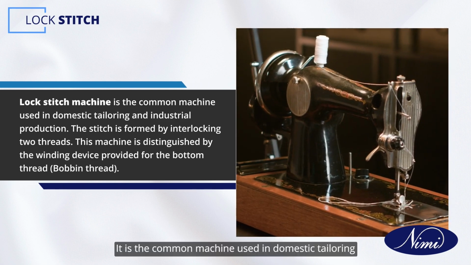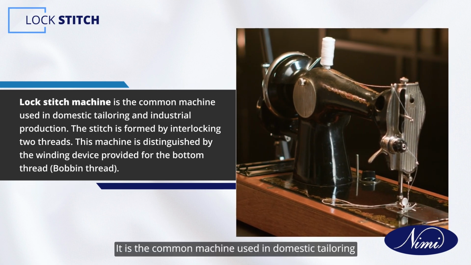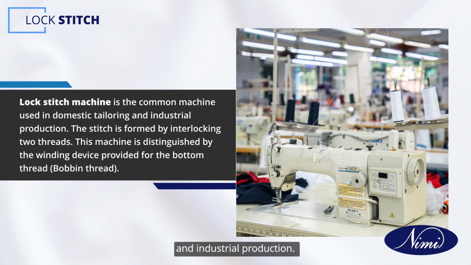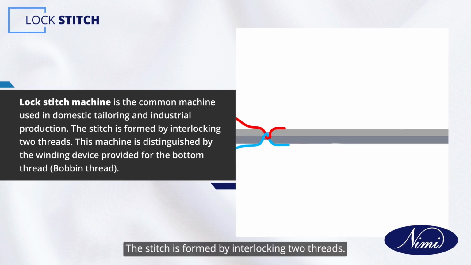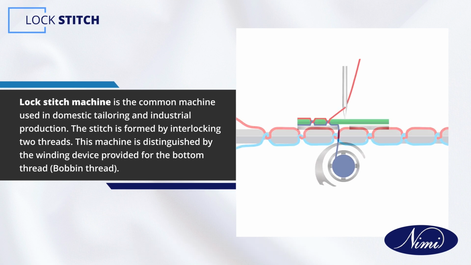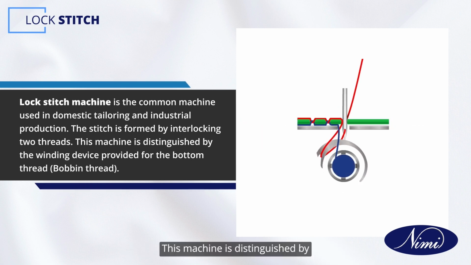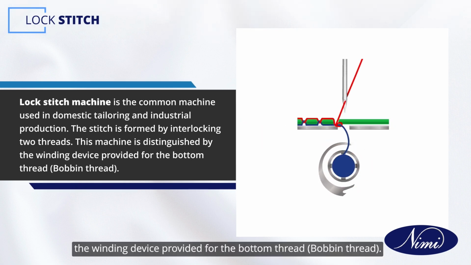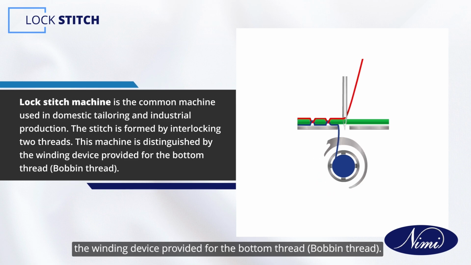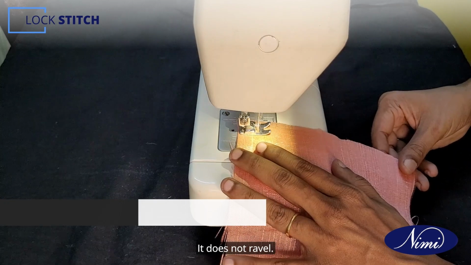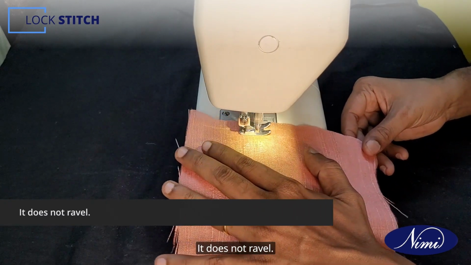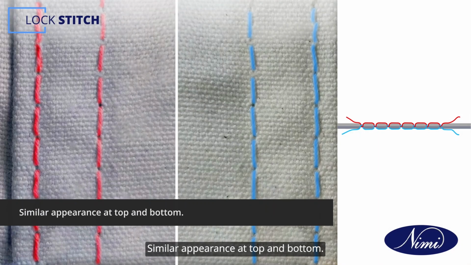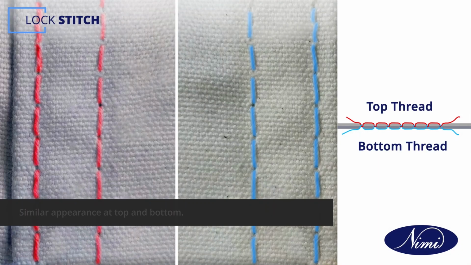It is the common machine used in domestic tailoring and industrial production. The stitch is formed by interlocking two threads. This machine is distinguished by the winding device provided for the bottom thread, the bobbin thread. It does not ravel. Similar appearance at top and bottom.